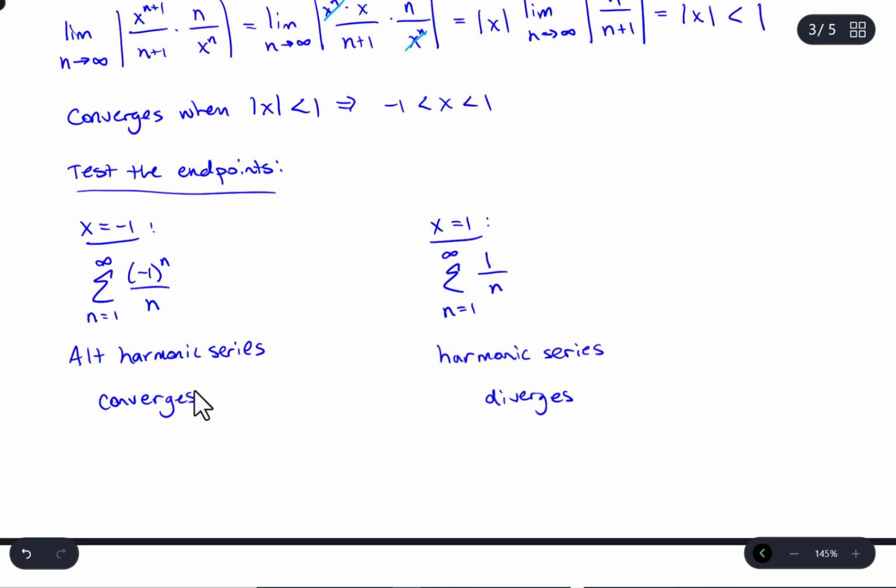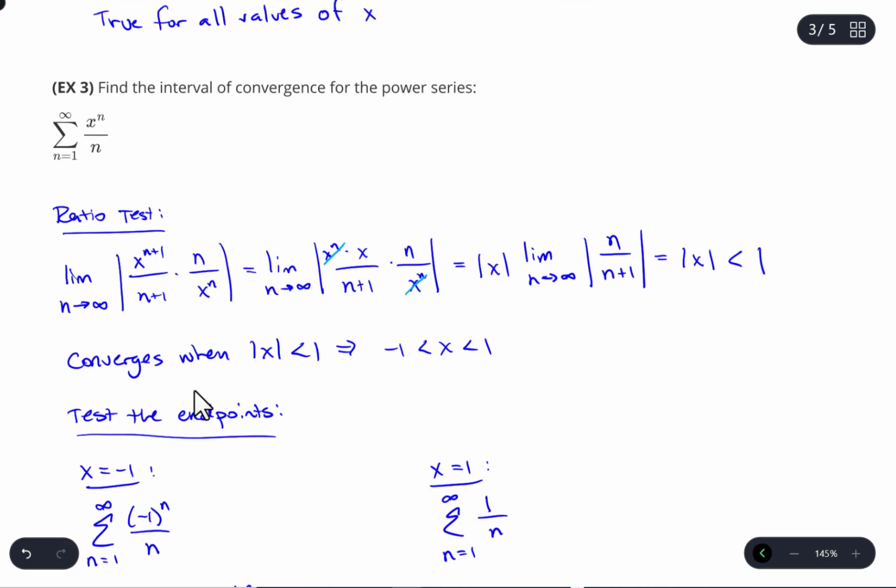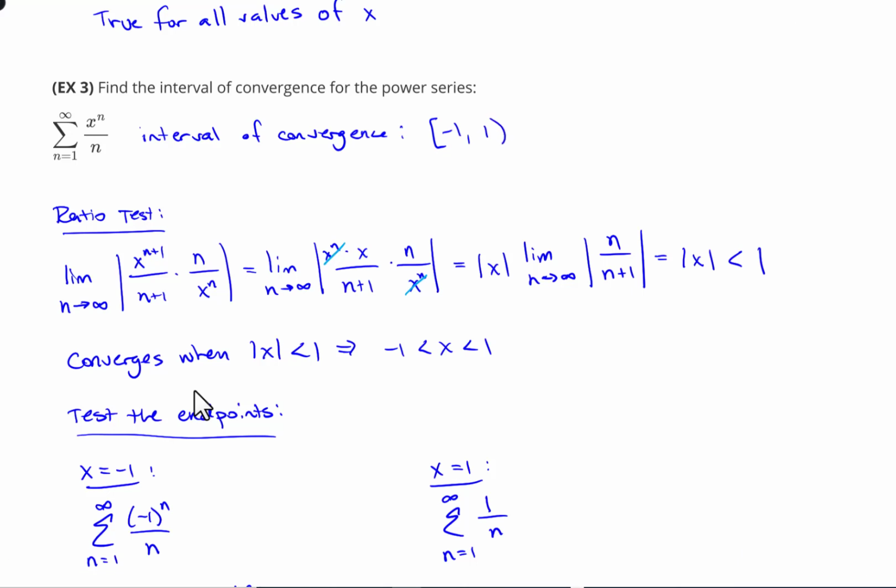So it converges at -1, but it diverges at +1. So that means the interval of convergence, we write this as an interval. It's going to be -1 inclusive up to +1 exclusive. And that's all the places where this particular series would converge.